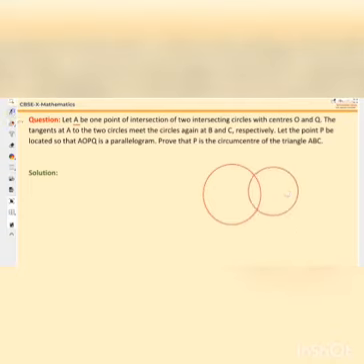And let us say that this point is A. So let A be one point of intersection of two intersecting circles with center O and Q. Let us say this is center O and this is center Q.